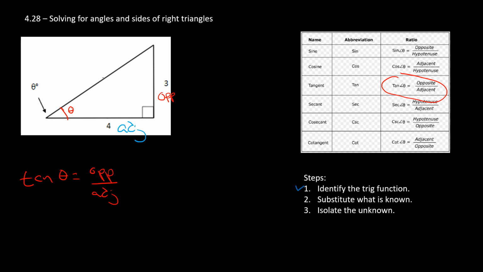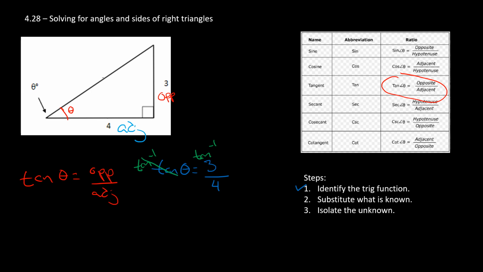So let's start substituting what we know. Tangent theta is equal to opposite being 3 over adjacent being 4. If to undo or simplify out a sine, we use sine inverse, and for cosine, we use cosine inverse, then for tangent, we would use tangent inverse.